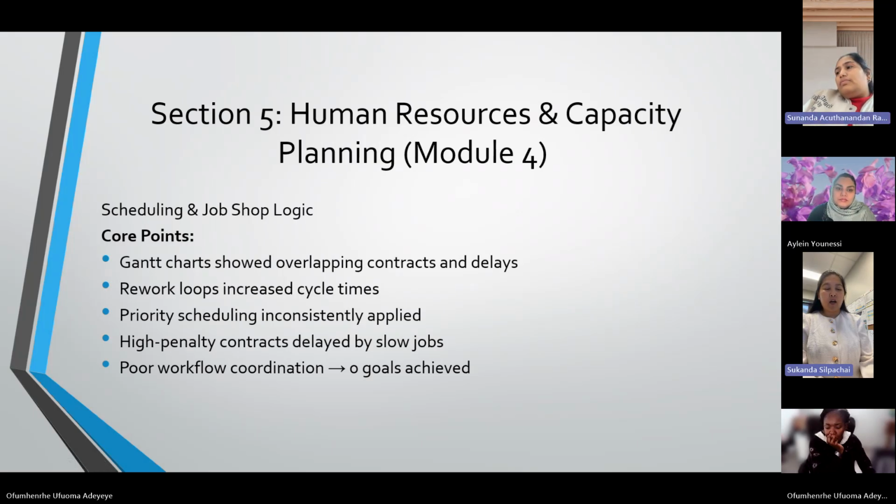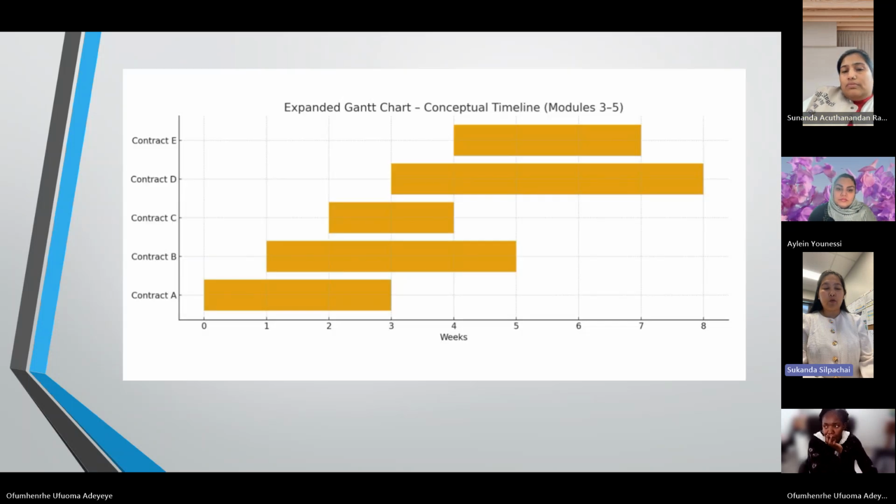Overall, using Gantt charts and scheduling tools helps improve planning, reduce rework, and ensure that labor and capacity are aligned before accepting new contracts. If you see the Gantt chart here, most of the contracts are overlapping by weeks 3, 4, 5, and also 6. So that's why we cannot produce our product on time.